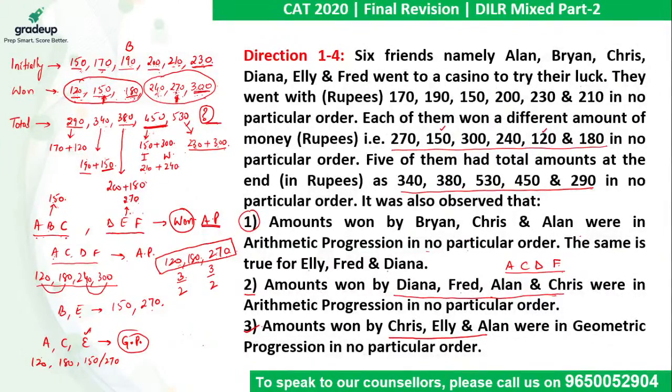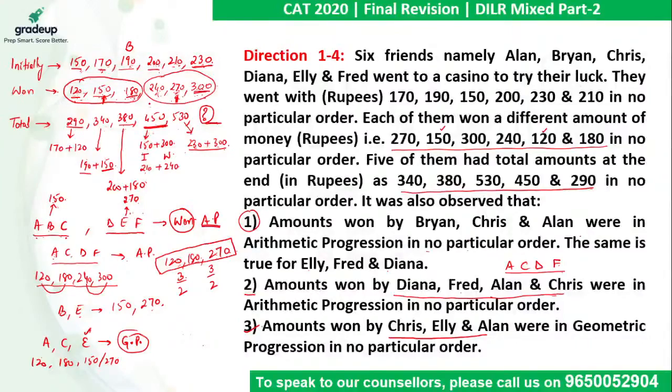So we need to figure out what it will get combined with to result in one of the sums. 270 plus 230 adds up to 500, which is not here. 270 plus 210 is 480, which is not here. 270 plus 200 is 470, which is not here. 270 plus 190 is 460, again not there in the list. 270 and 170 adds up to 440, which is not there in the list. 270 and 150 adds up to 420, which is again not there in the list.